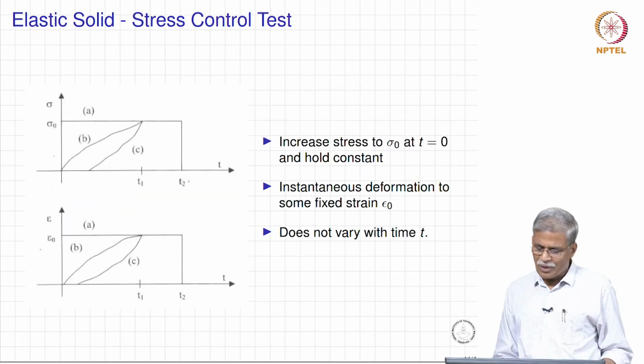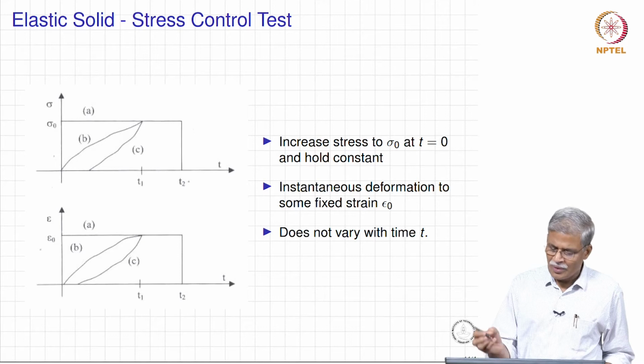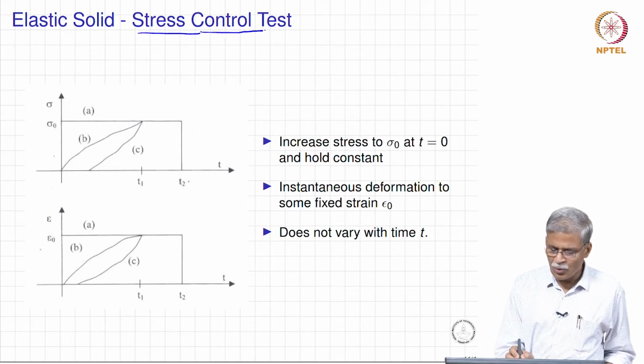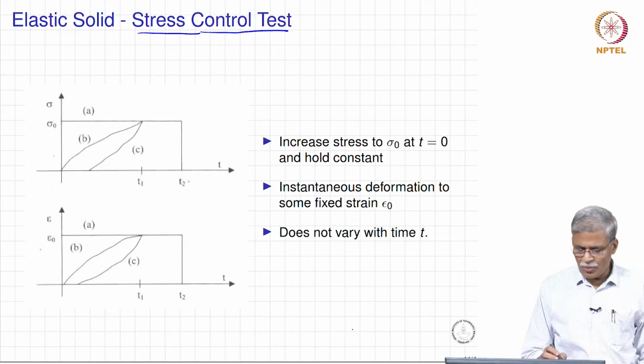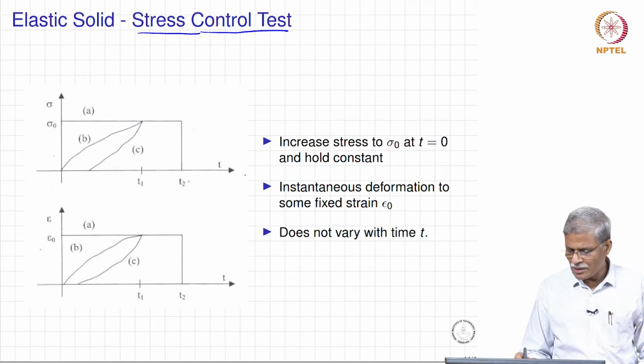Okay. Now, what we are going to do is we are going to do some simple experiments, thought experiments. So, what do I mean by that? I am going to do a stress control test. So, if you see here in the top figure, this is sigma and this is time.